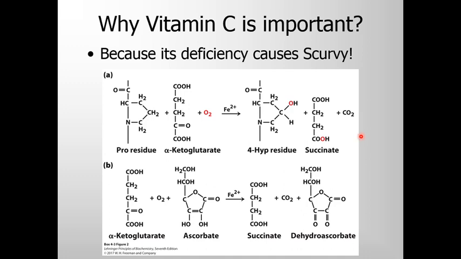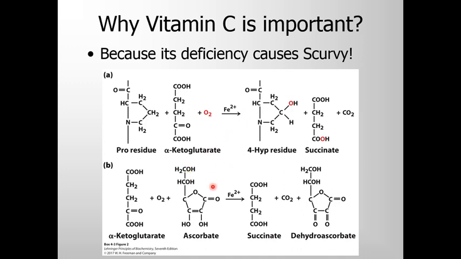Now, at times, prolyl hydroxylase can decarboxylate alpha-ketoglutarate into succinate by converting Fe2+ to Fe3+. If Fe2+ gets converted to Fe3+, the prolyl hydroxylase enzyme is dead and not functional anymore, because Fe3+ is not active.